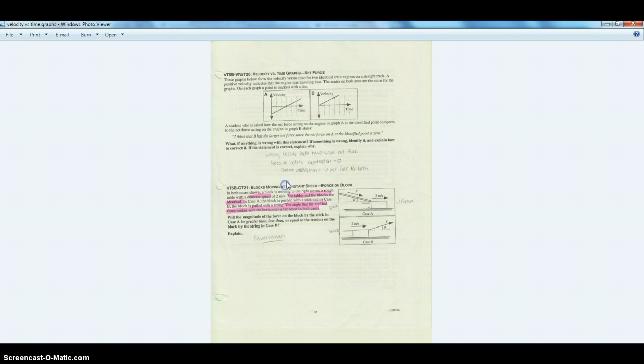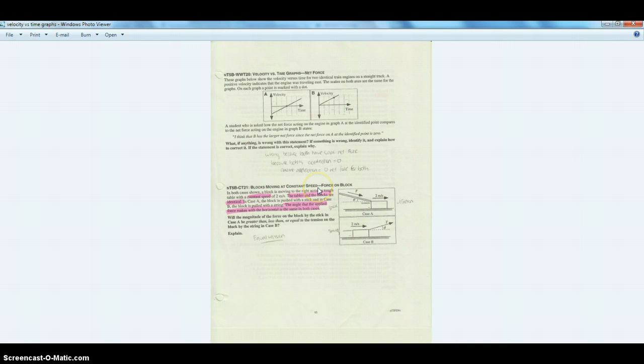For this worksheet, NT5BCT21, blocks moving at constant speed, force on block. In both cases shown, a block is moving to the right across a rough table which has friction with a constant speed of 2 meters per second. Tables are the same, and the angle theta that the applied force makes with the horizontal is the same in both cases.